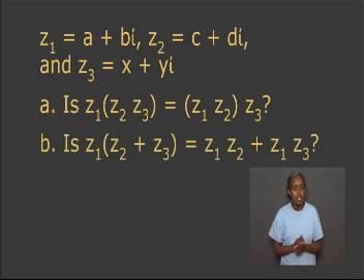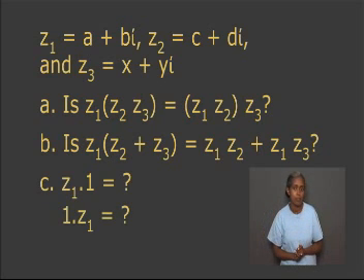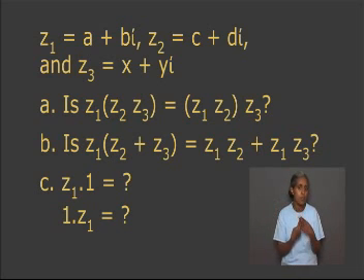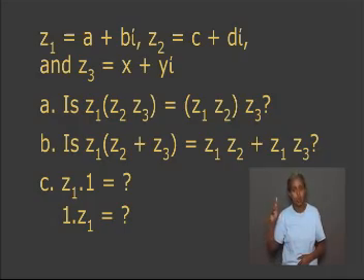Is the product of Z1 and the sum of Z2 and Z3 equal to the sum of Z1 times Z2 and Z1 times Z3? What is the product of Z1 times 1? How about the product of 1 times Z1? Do your best to answer these questions. I will see you in a moment.